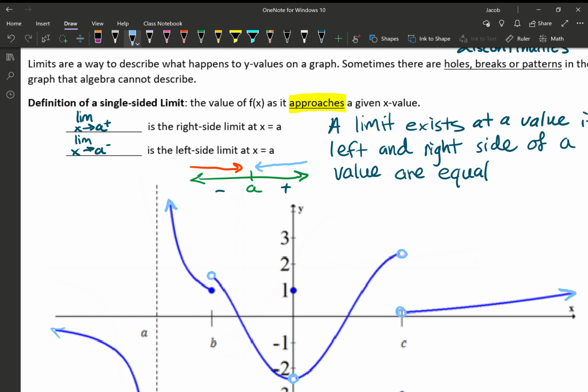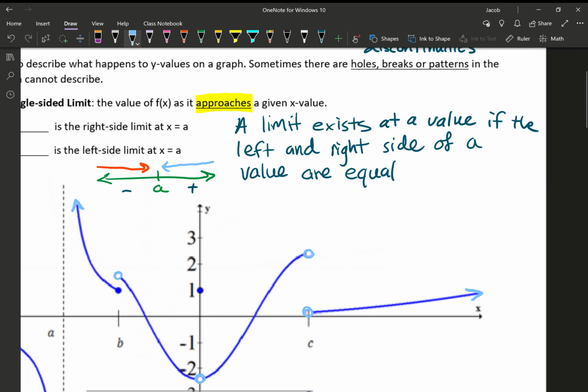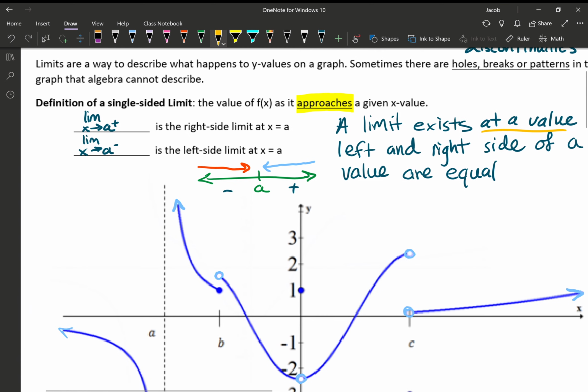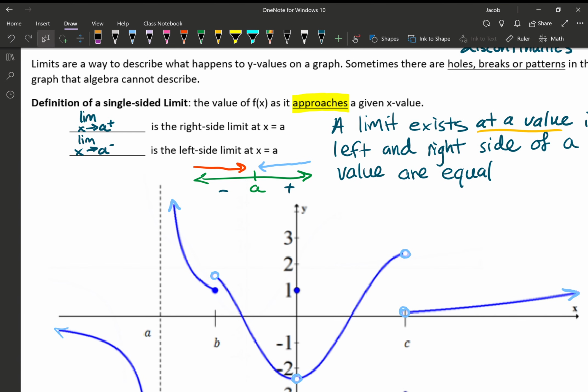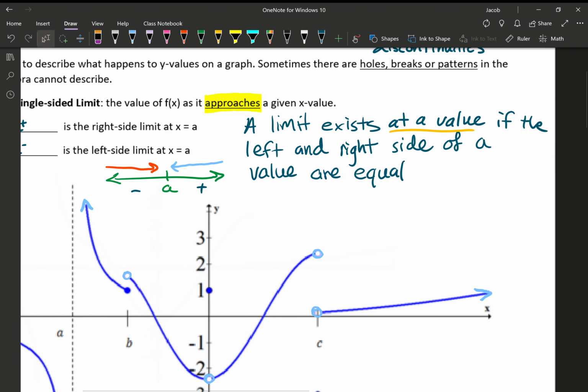And over here, a limit at a value, so this is a little bit different than just the right side or left side limit, how to describe what's happening on the right or left side of a value. A limit at a value exists, so there's a new word there, exists, if the left and right side of that value are equal.